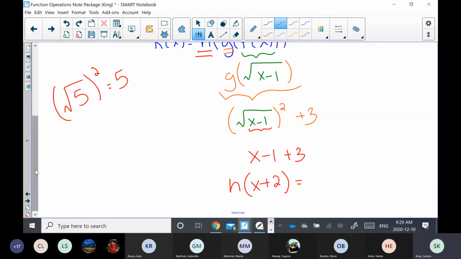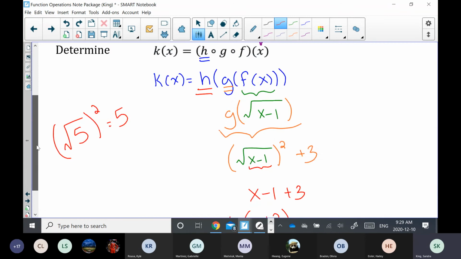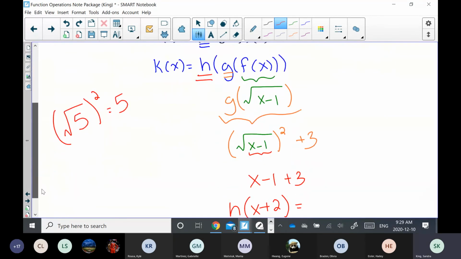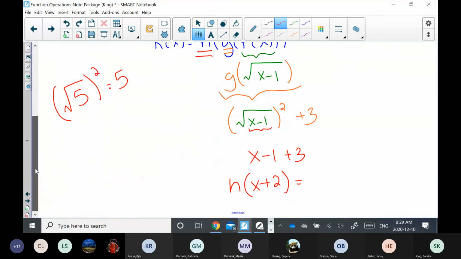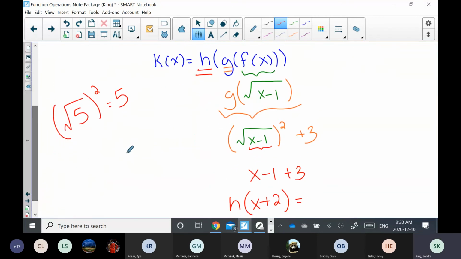Something like this would always happen. Now I've got to find my h function. When I see an x, I've got to input x plus 2. So h is this guy right here. So this comes out and x plus 2 in a bracket goes in. So my answer was 2 times x plus 2 minus 5.